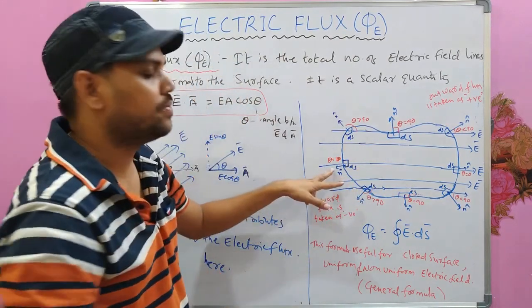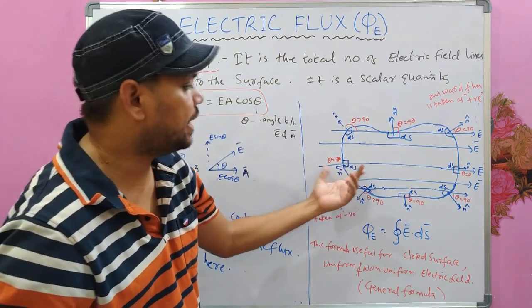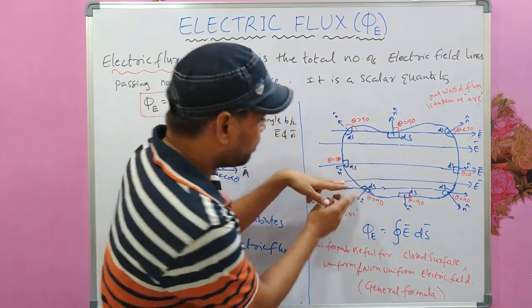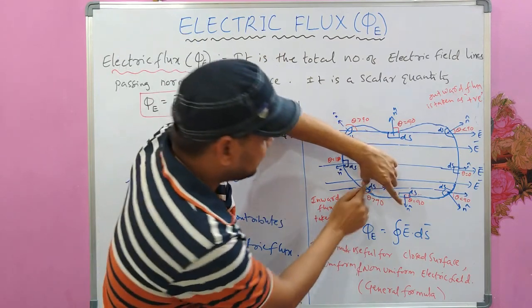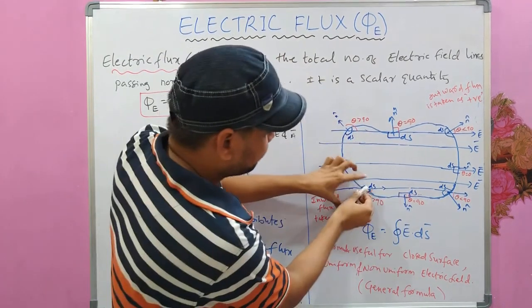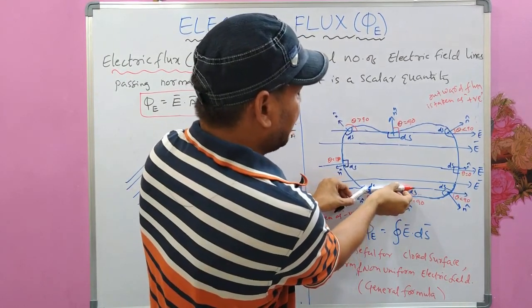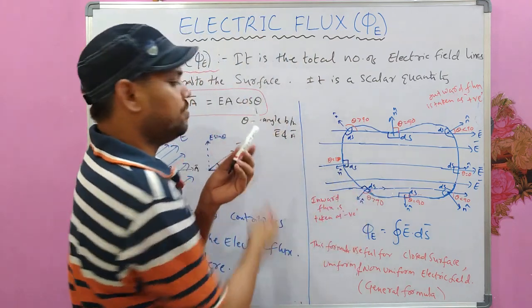Again cos 180 is minus 1, so again flux is negative. Right? Now come back to this. I have taken one small surface here, its area vector direction is this way, and the electric field direction is this way. It is again greater than 90, so flux is negative.